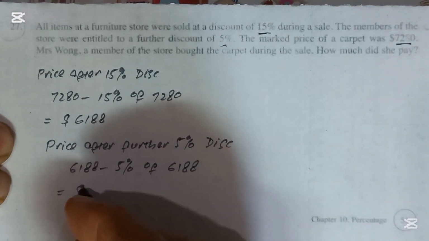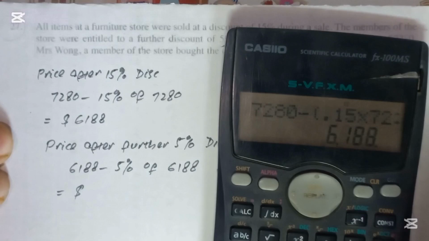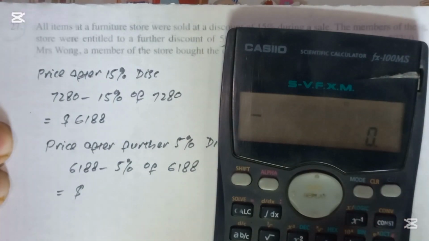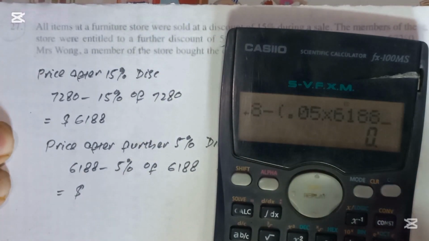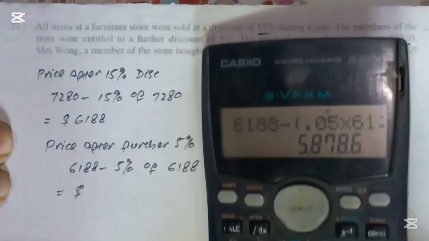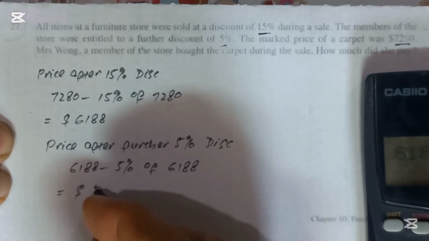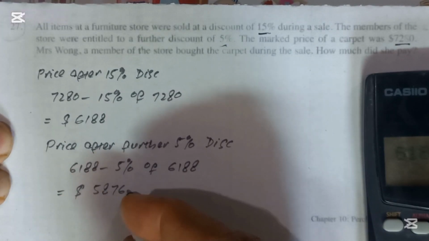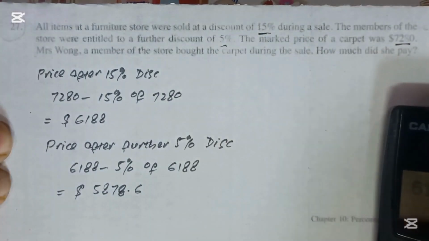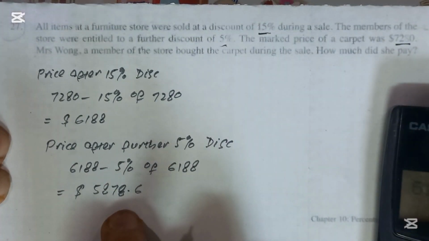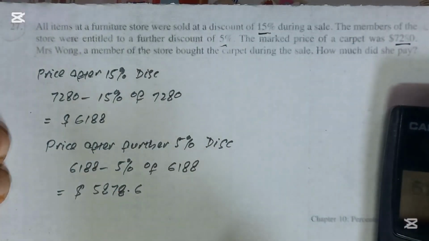Solve it on the calculator and you will get the final price, that is 6,188 minus bracket start 0.05 of 6,188, bracket close. So this is the price for the employees, that is 5,878.6. So this is the final price for the employees who are working at this store.